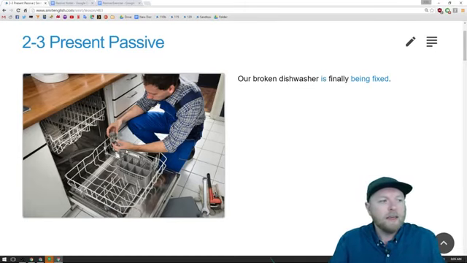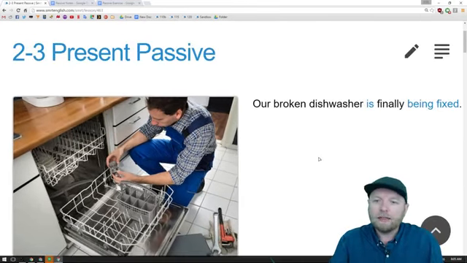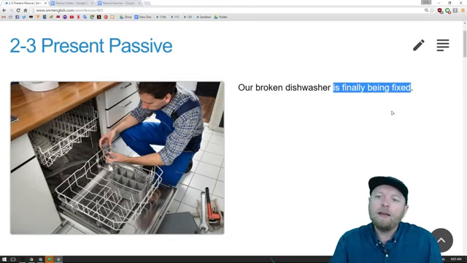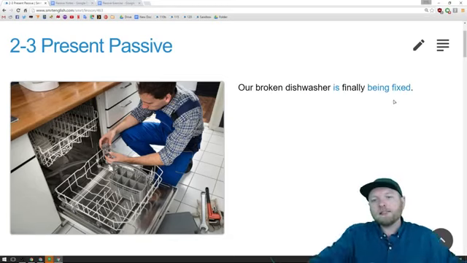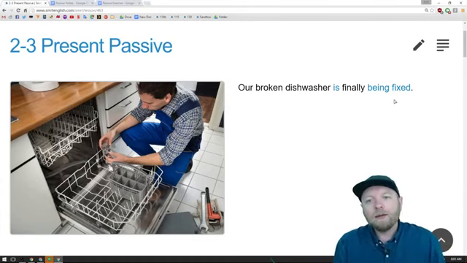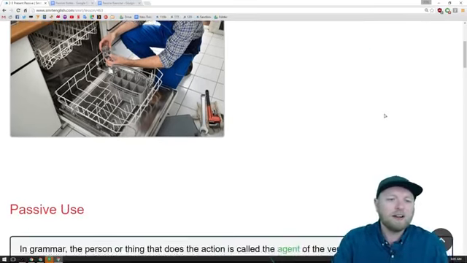Well, he's fixing the dishwasher. And you can see the sentence: our broken dishwasher is finally being fixed. This sentence is in the passive voice. Okay, and what does that mean? Let's talk about what that means.